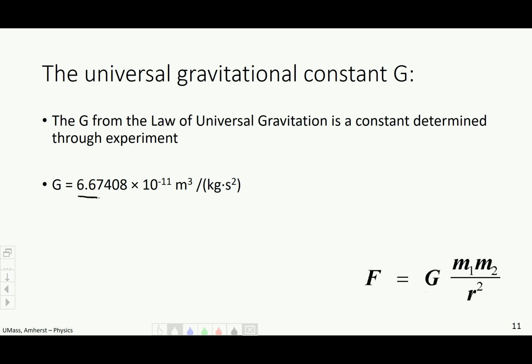This is the generally accepted, most accurate value of big G, 6.67, etc., times 10 to the negative 11, very, very small, meters cubed over kilogram second squared. So those are the units that make mass, radius squared come out to force in newtons, and that's just what the number is.